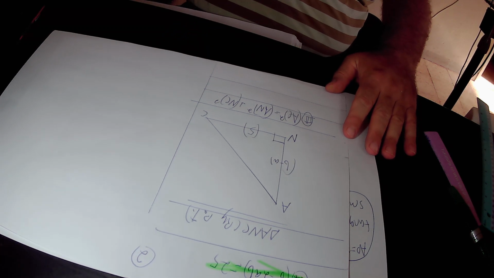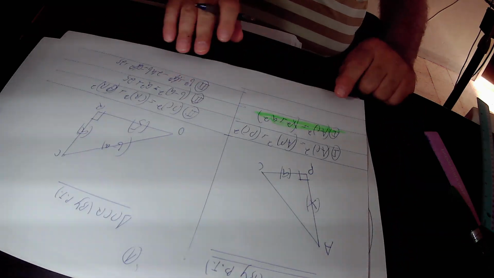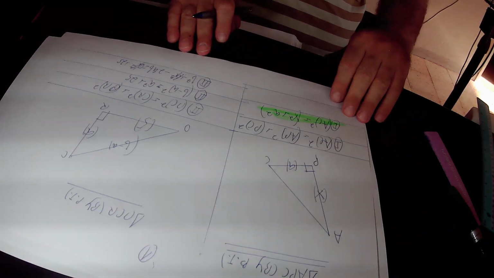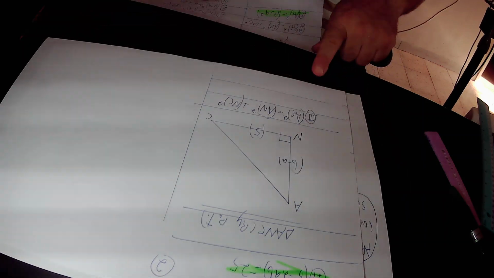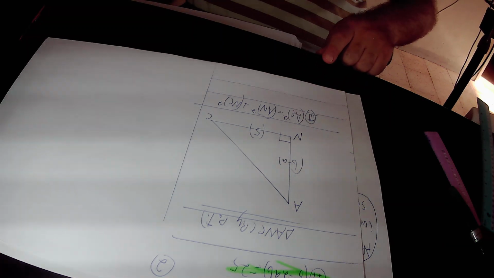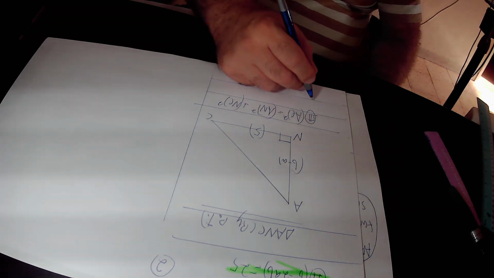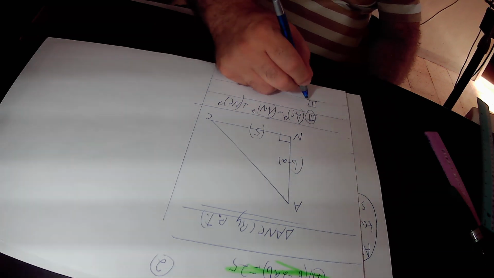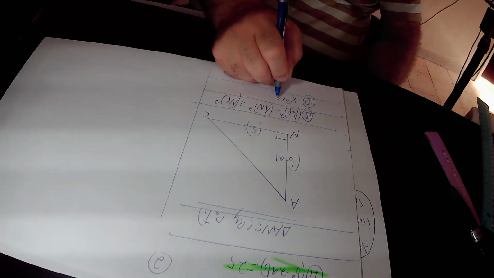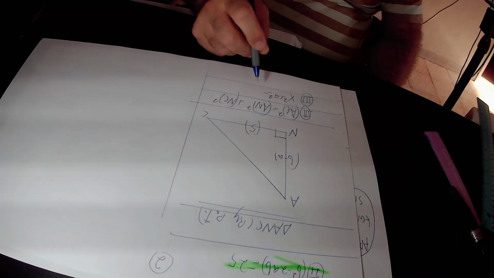According to equation 1, AC squared equals X squared plus A squared. Therefore, we substitute AC squared in equation 3 by X squared plus A squared. So X squared plus A squared is equal to AN squared plus NC squared.